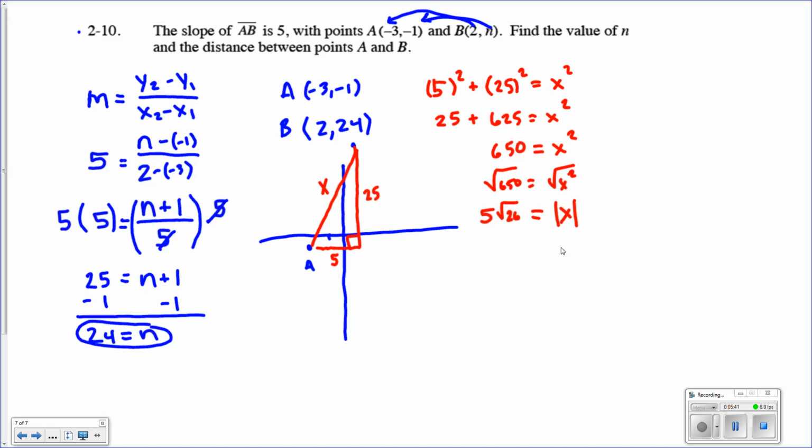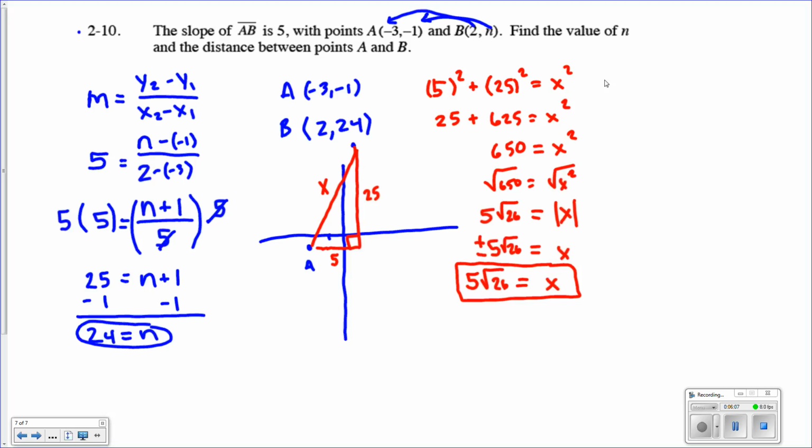In this case, x would equal positive or negative 5 radical 26. However, we can't use the negative, so the final answer would be just 5 radical 26. Remember, distances must be positive, so we can't use the negative.